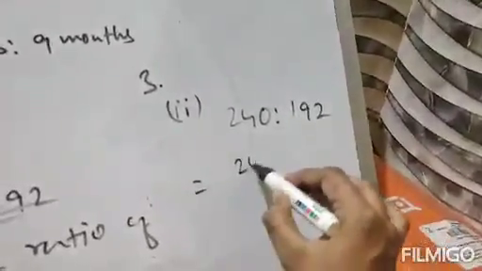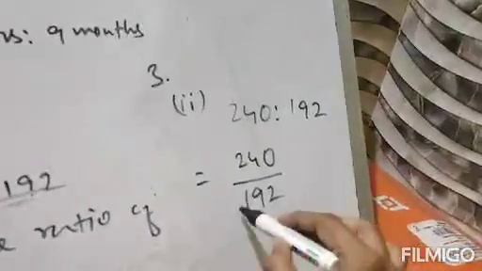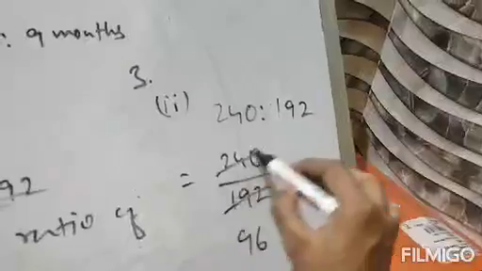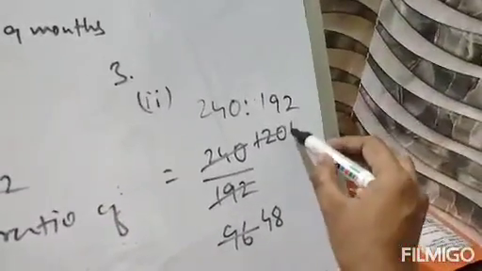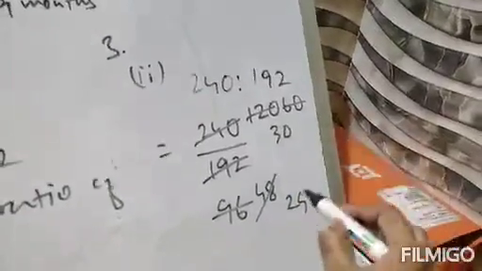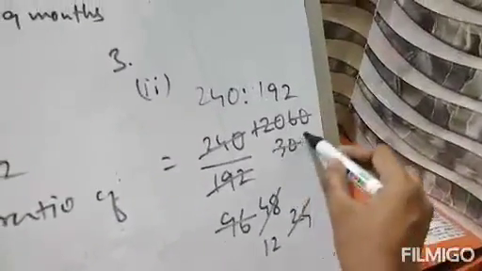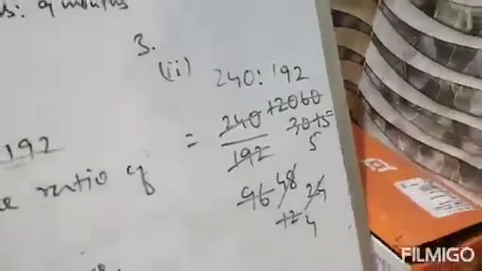So 240 divided by 192. Now reduce it by 2. Again reduce it by 2. Again reduce it by 2. Reduce it by 2. Reduce it by 3. See, 5/4.